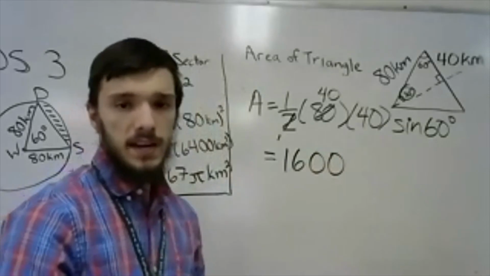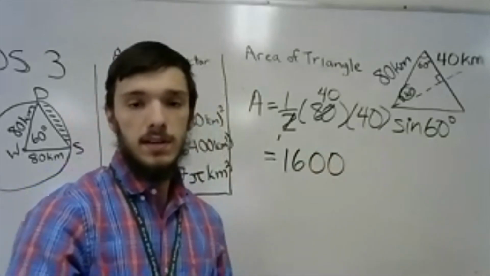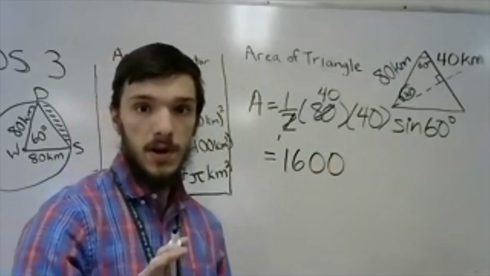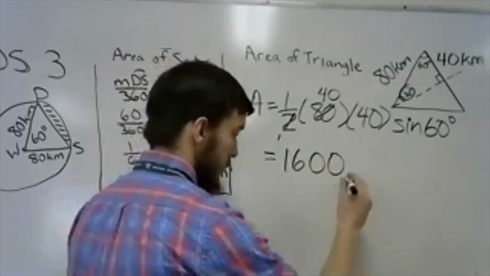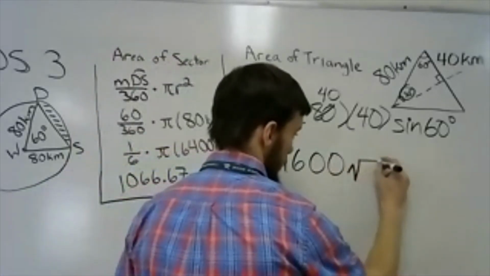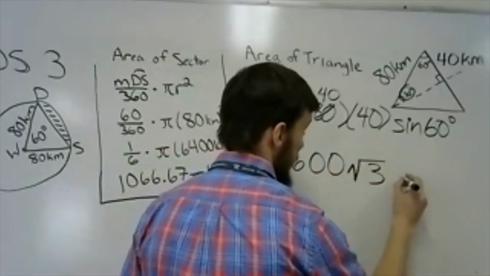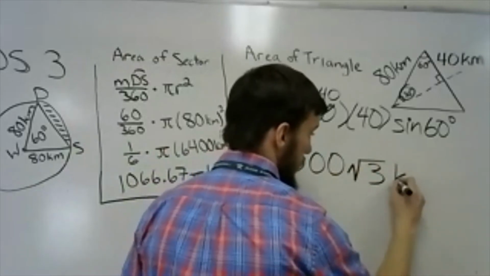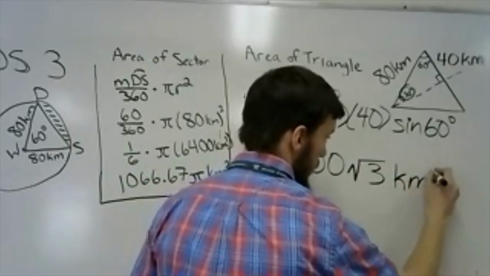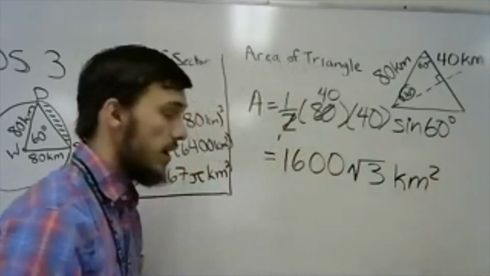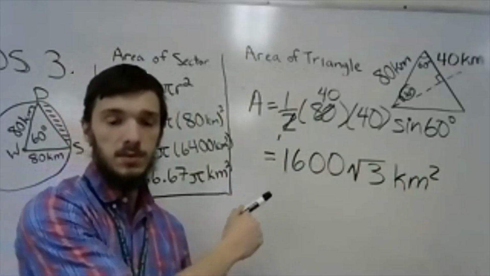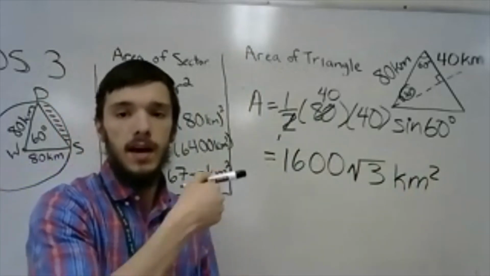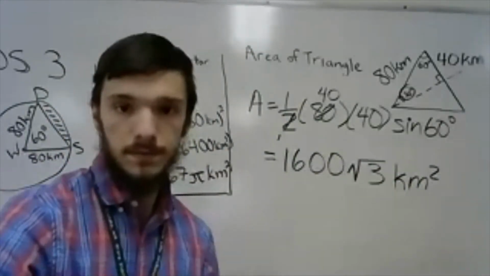And we know that sine of 60 degrees is the square root of 3 over 2 from our special right triangle relationships. And so we know that the area of our triangle here is 1,600 times the square root of 3 square kilometers.